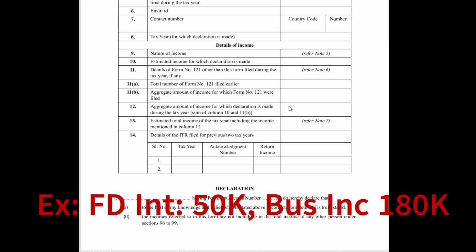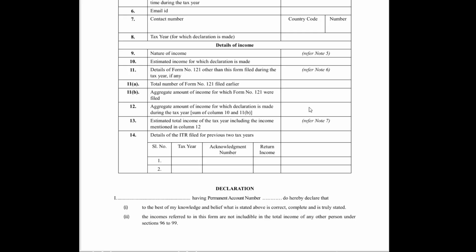For example, if you are submitting this declaration for 50,000 of FD interest which you are going to receive, and your total income is less than the basic exemption limit, up to 12 it is the income for which you are filing this declaration.